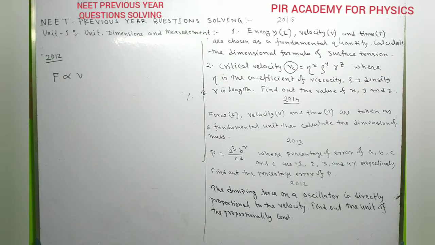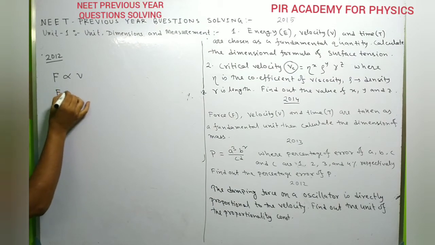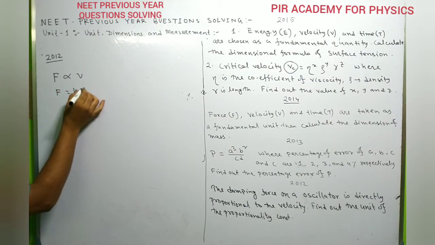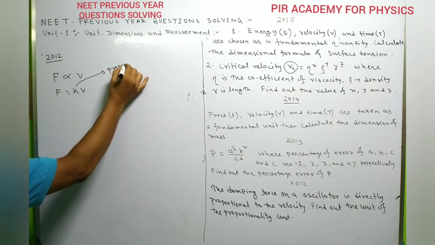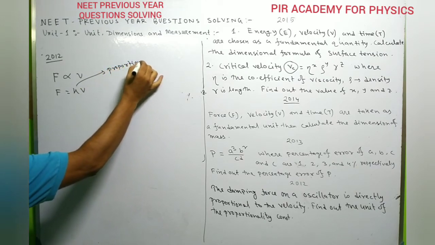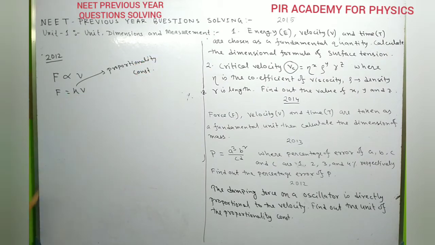Then you have to find out the unit of the proportionality constant. Suppose this is a proportionality constant, so you have to find out its unit.